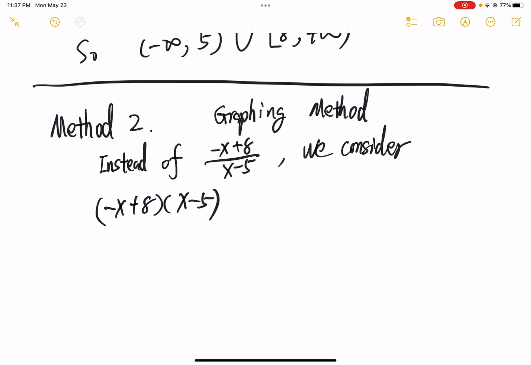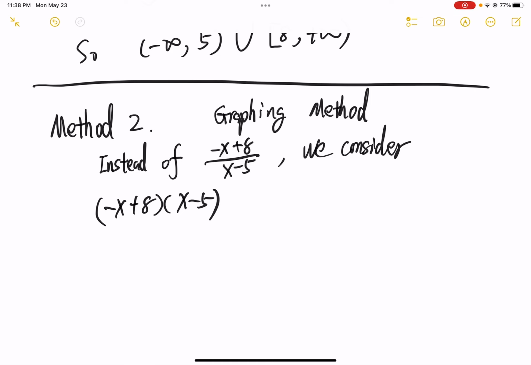Okay, why do we do that? Because we know this polynomial is easy to draw the graph, right? We don't need to find vertical asymptote, oblique asymptote, and horizontal asymptote. It's easy to draw the graph. Why should these two have a very similar result? The reason is, since it's an inequality, the problem becomes greater than 0 or less than 0.